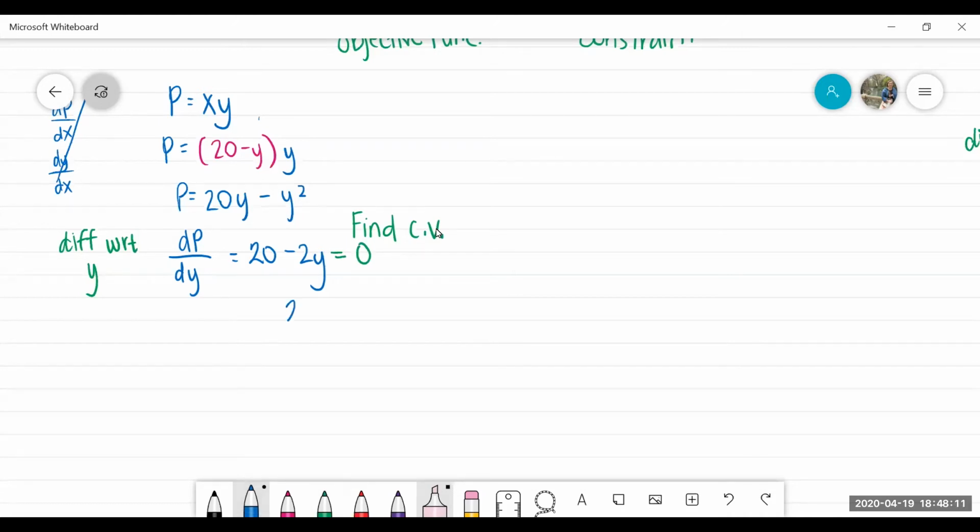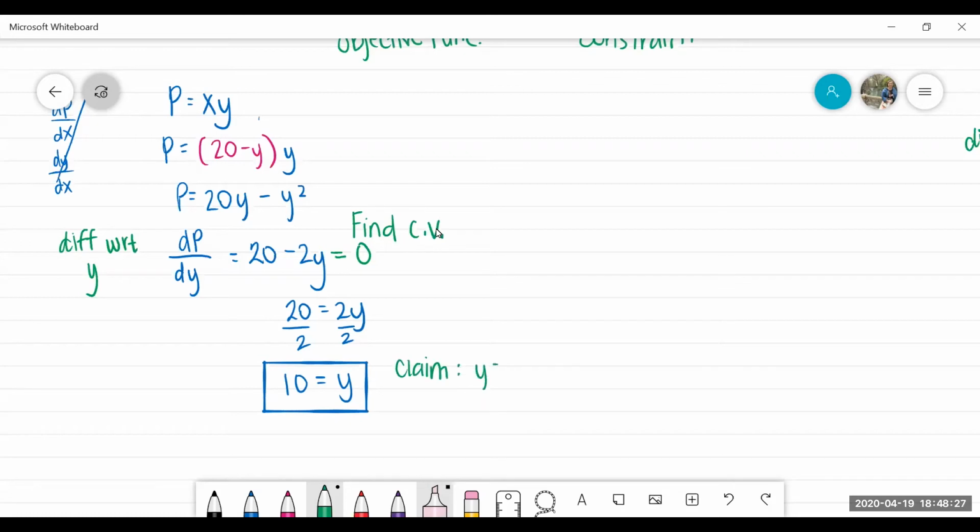So that means 20 is equal to 2y, divide everyone by 2. That means y is equal to 10. Now this is maybe not an official answer yet. This is more of a claim, okay? Y is equal to 10 we're trying to maximize our product.